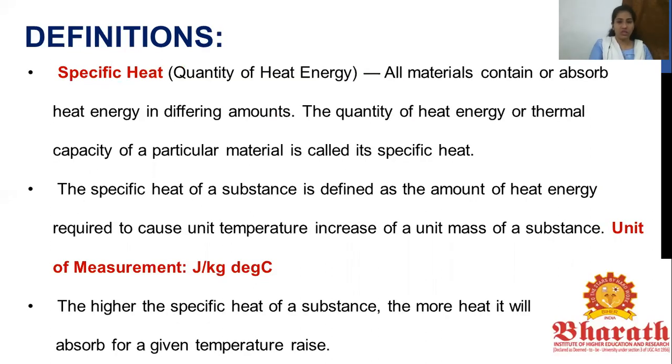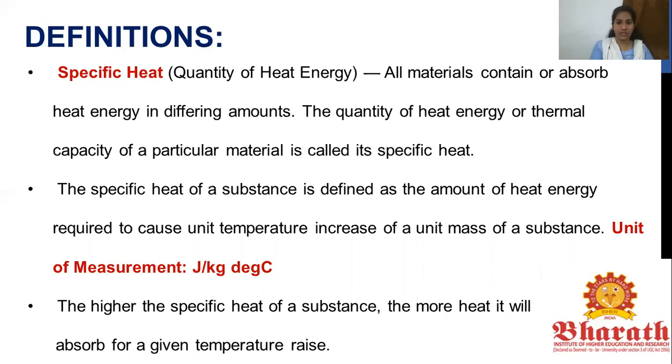So we have looked at the basic concept of these modes. Now let's try to advance ourselves and understand a few more concepts. What exactly is specific heat? All materials contain or absorb heat energy in different amounts.